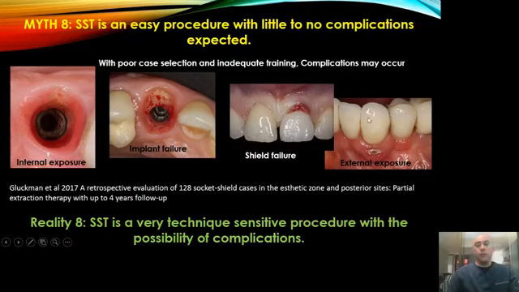A lot of the time, removing the shield, leaving the implant, and changing the whole technique into some GBR, some bone grafting, would just work fine. Or external exposure, which goes exactly to the internal exposure concept: we can trim the shield and give the gingiva a chance to heal back over the shield, protecting the implant itself.